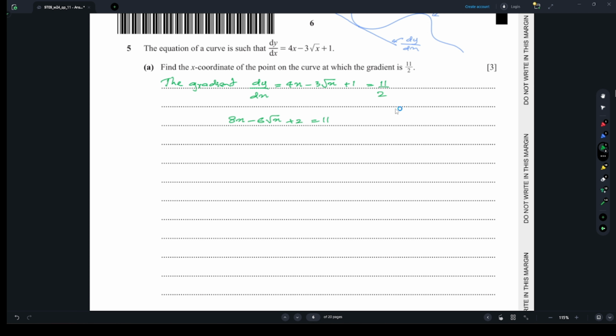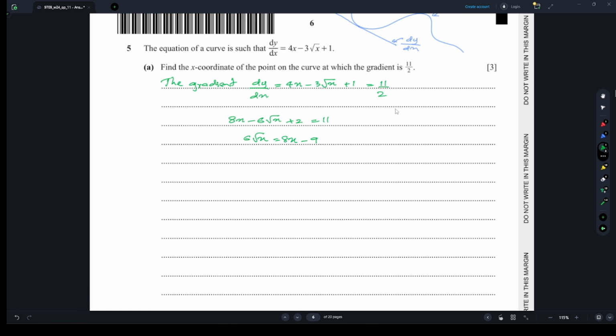So let's make root x the subject. I can bring 6 root x to the other side, so then it's positive, and 11 we can bring to the other side, so then it's minus. So 2 minus 11 is minus 9. So I can write here 6 root x equals 8x minus 9. Oh, sorry, minus 9 here.